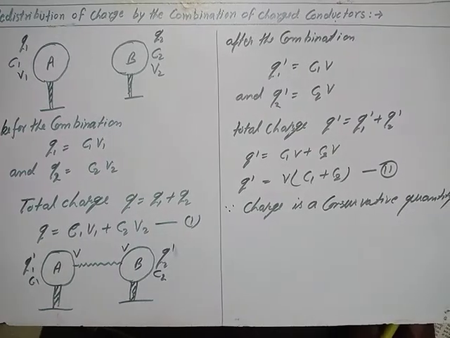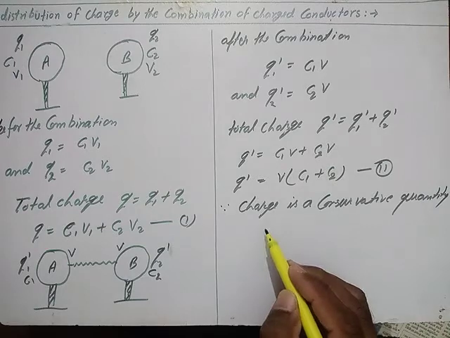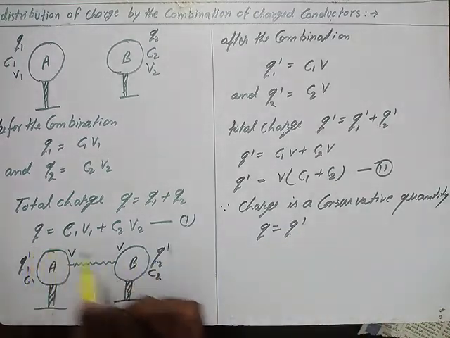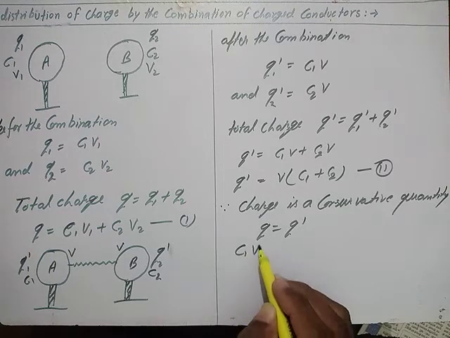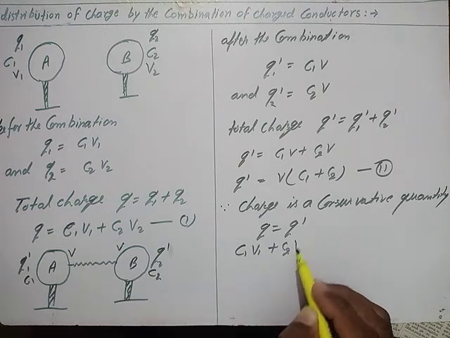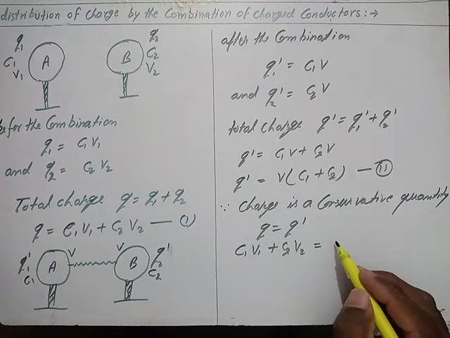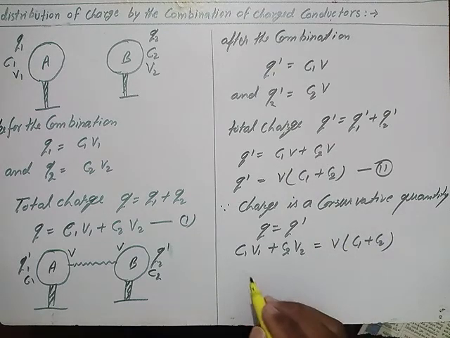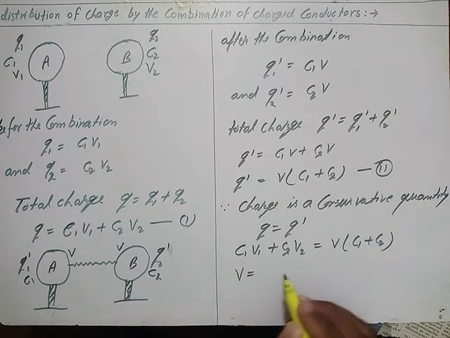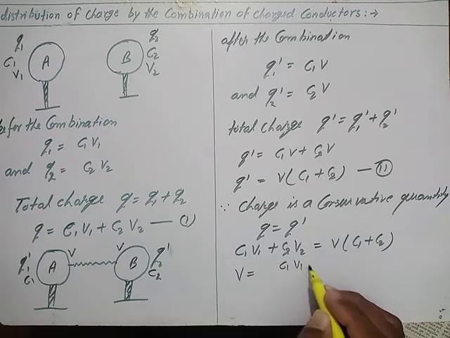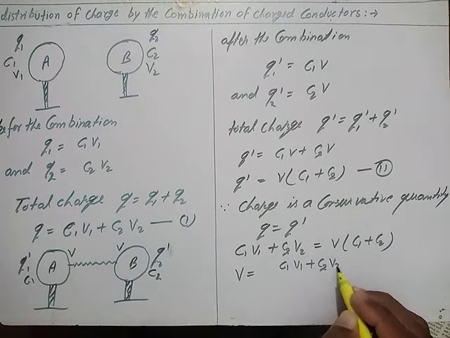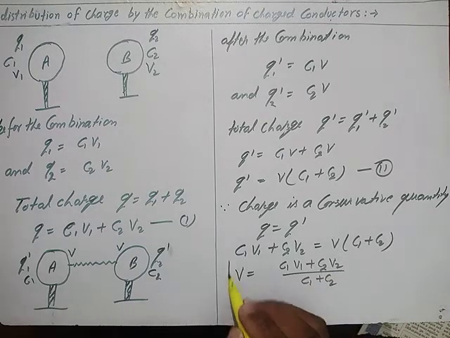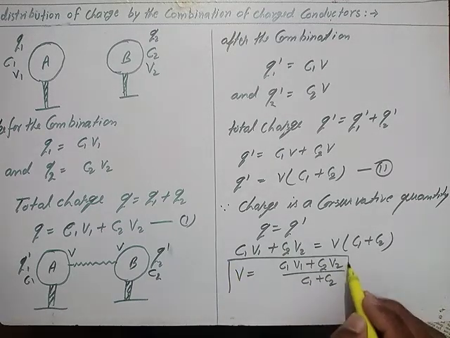So Q is equal to Q dash. The value of Q is C1 V1 plus C2 V2, and the value of Q dash is V times C1 plus C2. So the common potential V will be C1 V1 plus C2 V2 divided by C1 plus C2. It can be named equation third.